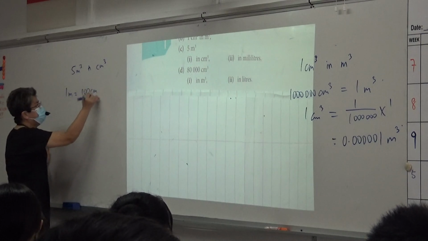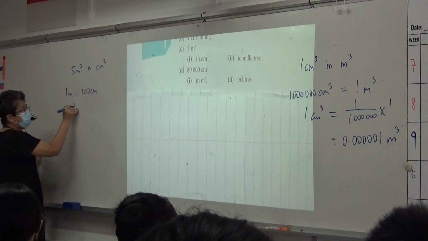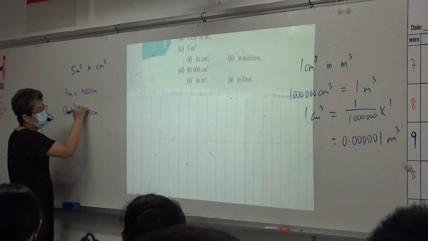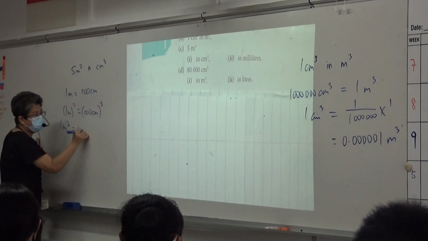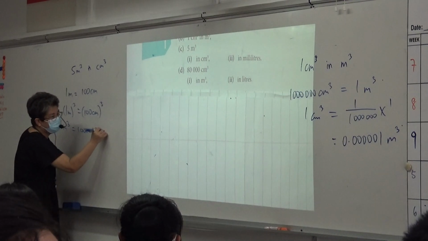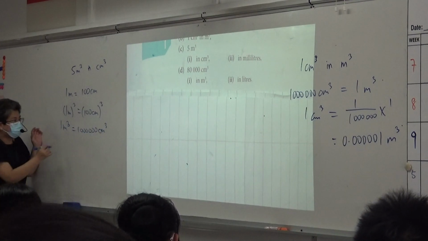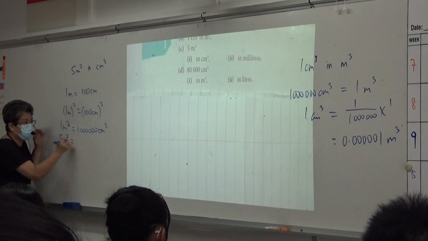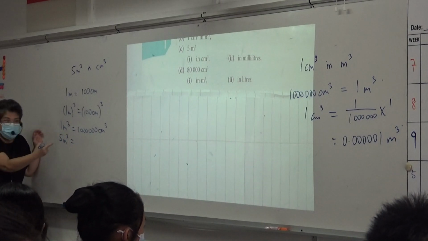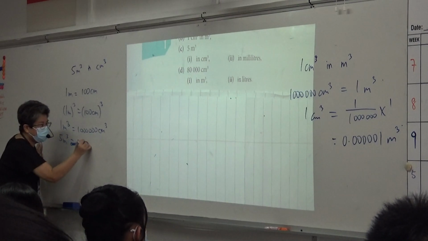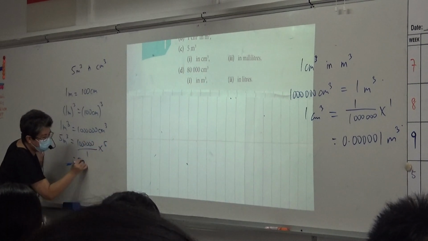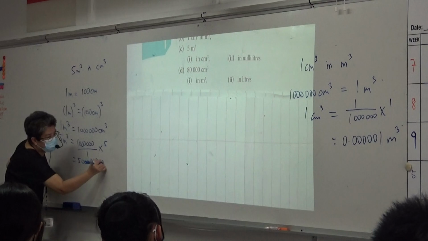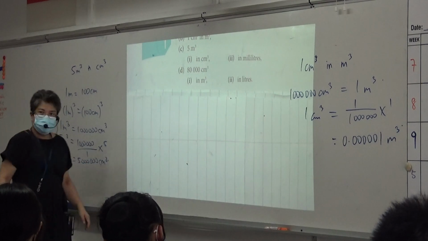Very good. 1 meter cube will be 1 million cm cube, right? So now I have a 5 meter cube. Now can you see it's lined up together already? So it will be 1 million over 1 times 5. This will be 5 million cm cube.